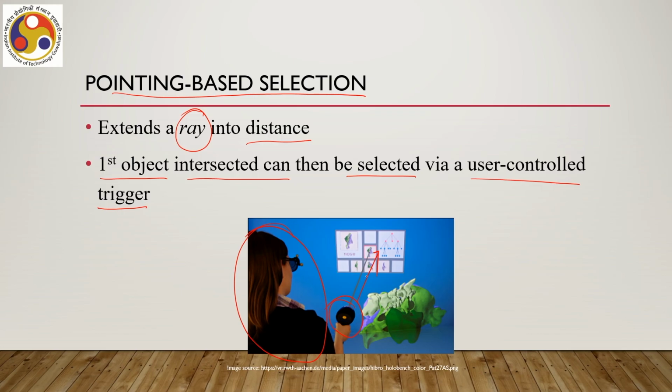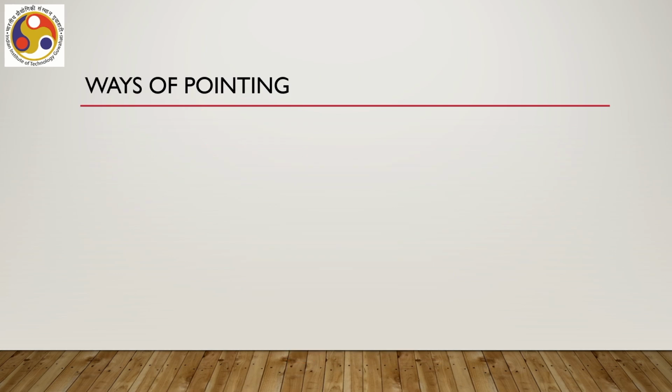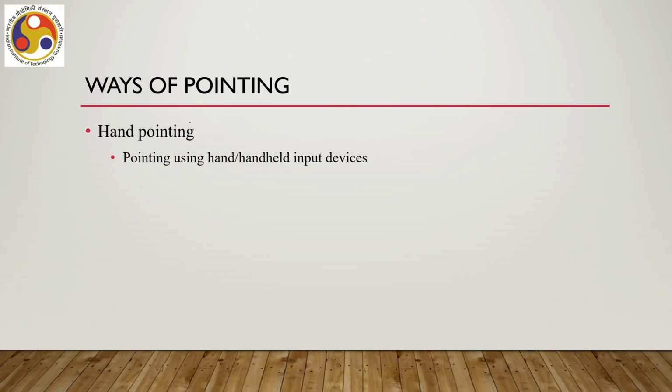So, essentially you are using a ray to indicate that I want to select a particular object. Now, there are different ways in which the pointing can be done. The obvious one is hand pointing, which the previous figure has shown. Here pointing is done using the hand or handheld input devices, typically handheld input devices.